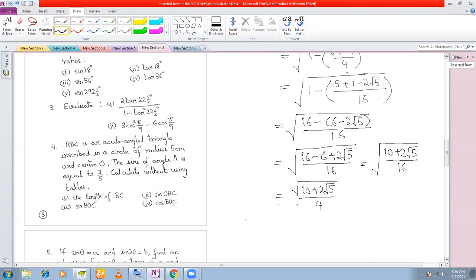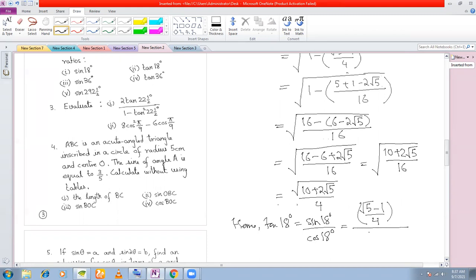Okay. So we have got cos 18, hence tan 18 is equal to sin 18 degree by cos 18 degree. So you can put the value of sin 18 here. You know sin 18 to be root 5 minus 1 by 4.